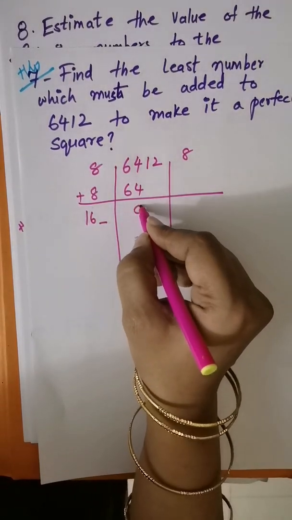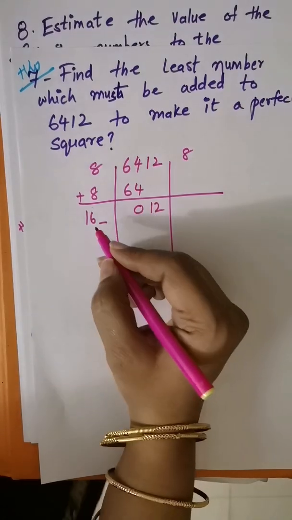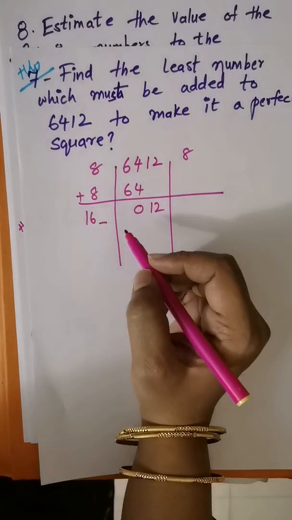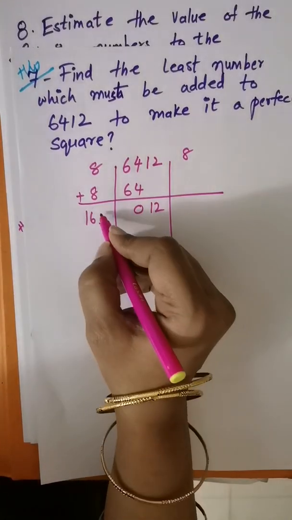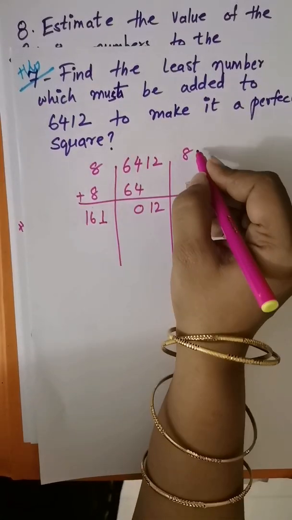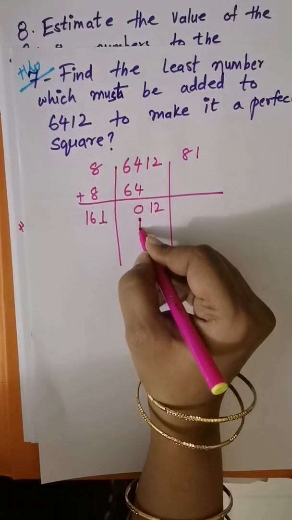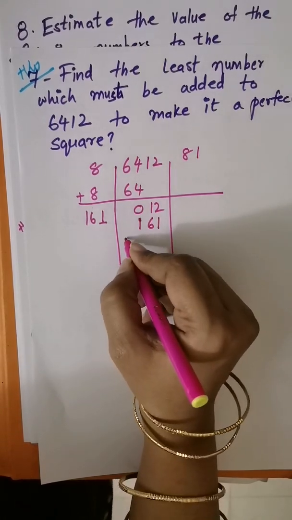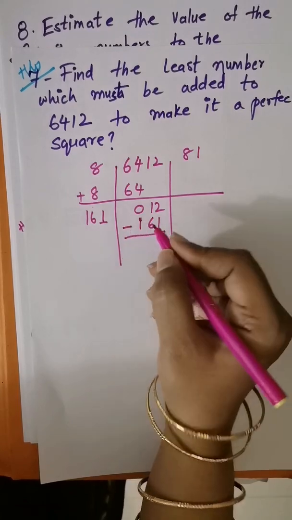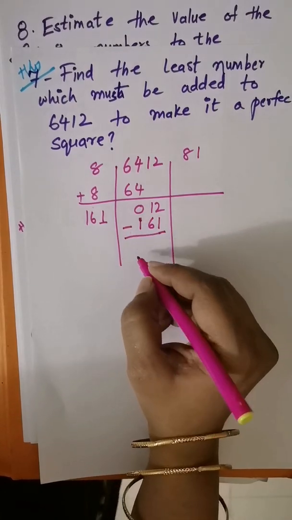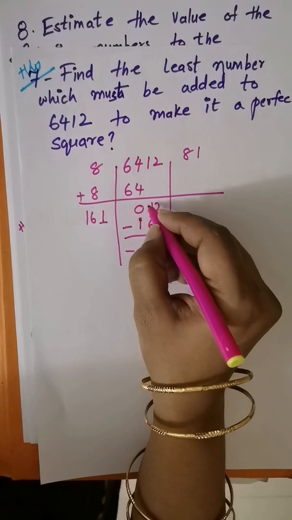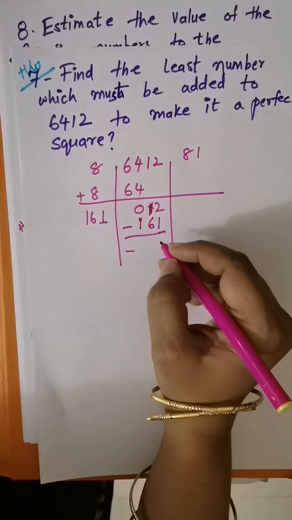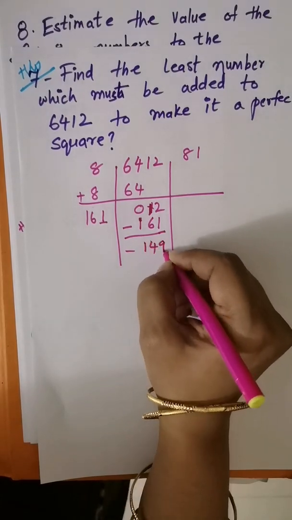Now here 12 is remaining, so you cannot take 0, you have to find something more. So you will take 1. 161 1s, it will be 161. So 1 is plus, 1 is minus, subtract and put the bigger number sign. So if you subtract 161 minus 12, it will be 149.